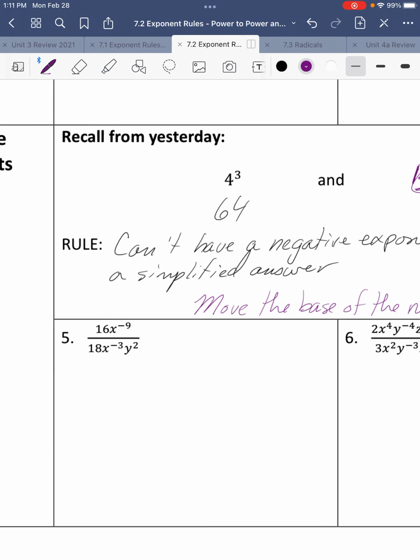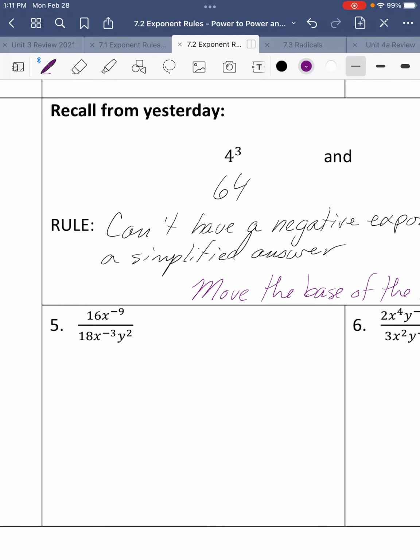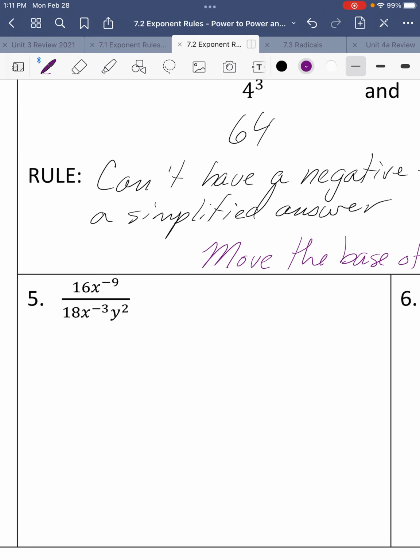All right, let's take a look at number 5. I'm going to look at my negative exponents and the base. So that's x to the negative 9. We also have in the denominator x to the negative 3. Only x is being raised to the negative 9, not the 16.